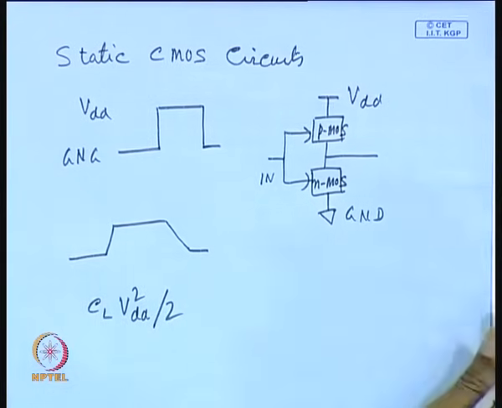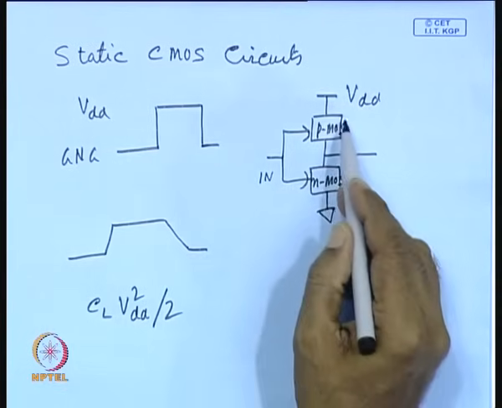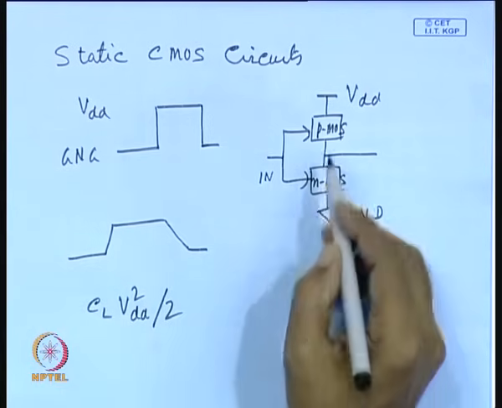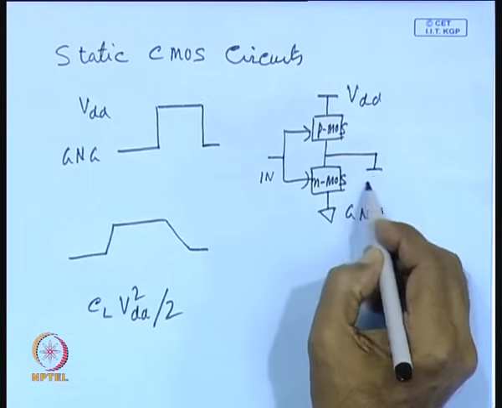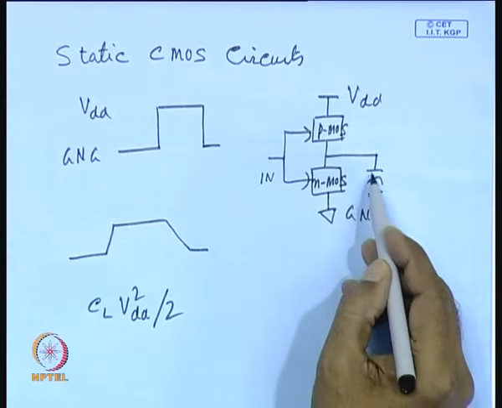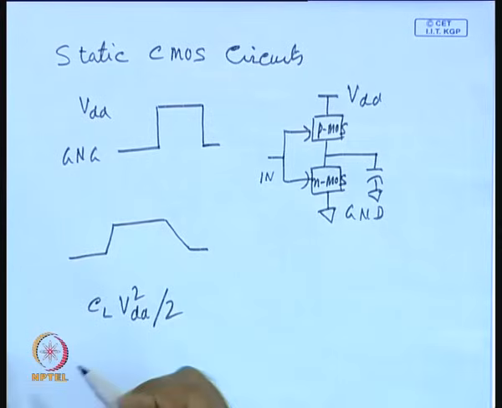This power dissipation always takes place in each switching, and total energy transfer from the battery or power source may be CL VDD square, but half of that energy is dissipated when the capacitor charges, and the remaining half is dissipated when the output goes from high to low. That we have already discussed.